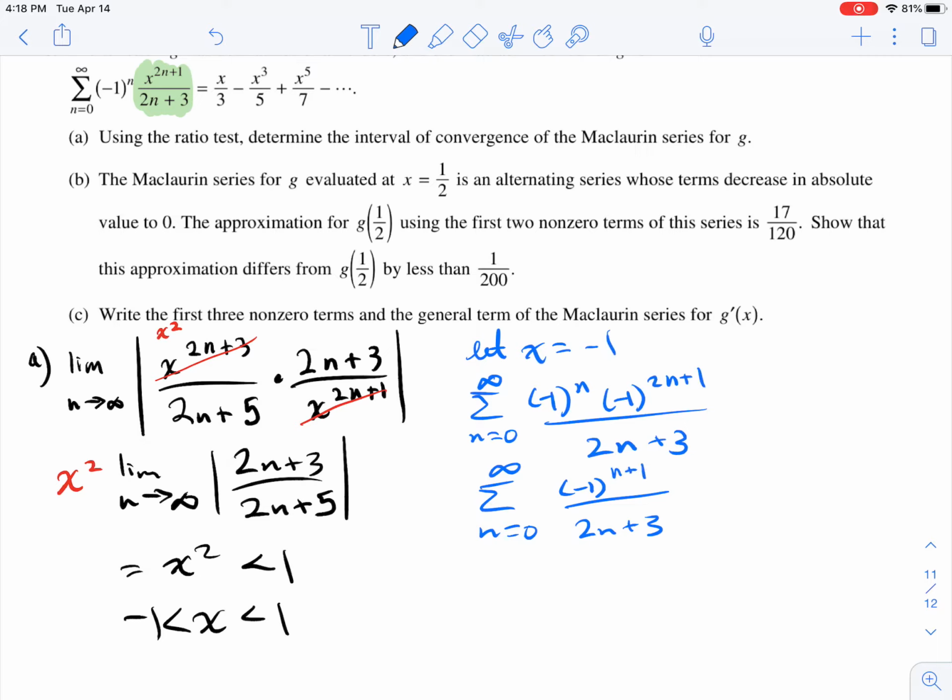And hopefully it jumps out to you what test we should be using: the alternating series test, right? We want to show the two conditions. The first condition is we know that the limit as n approaches infinity of 1 over 2n plus 3 is equal to 0. And the second condition is that a sub n decreases in absolute value.